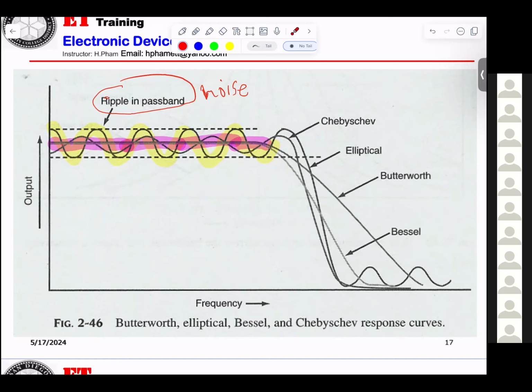Second, the cut off has to be very good by looking into the display. Telling me, okay, telling me which one.